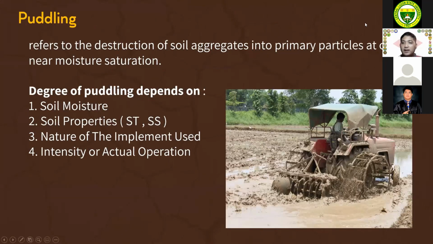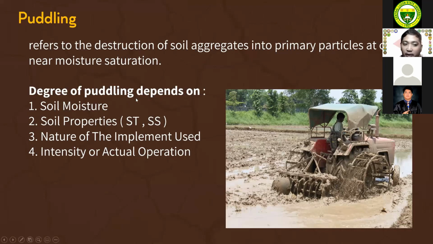So puddling, so this is very common, specifically here in lowland. So it refers to the destruction of soil aggregates into primary particles at or near moisture saturation. So degree of puddling depends on soil moisture, of course.